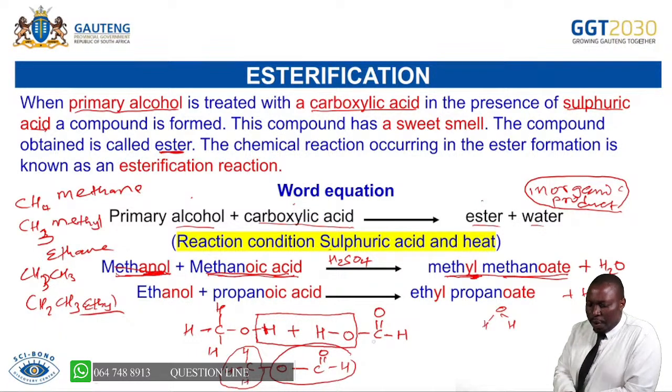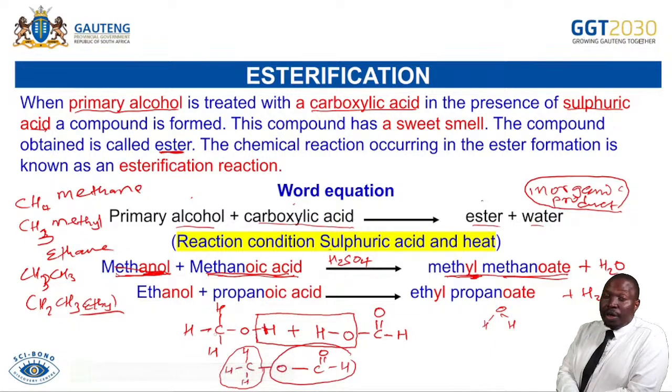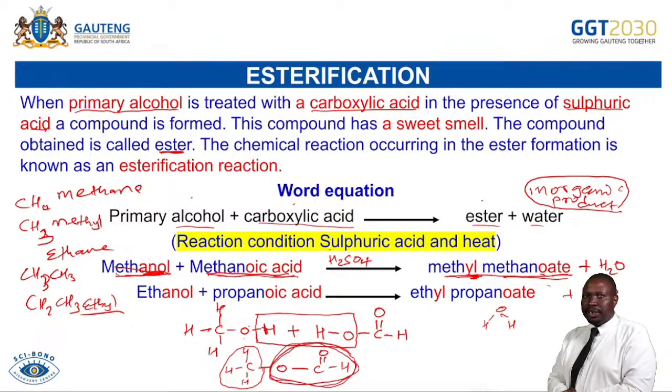You can see we were having this oxygen going with this CH3 here. Hence, in our name, we say the methane, this part, has the oate, the oxygen from here. Hence, oate. You see the oate. This oxygen now becomes part of the last part of the name, the parent chain.